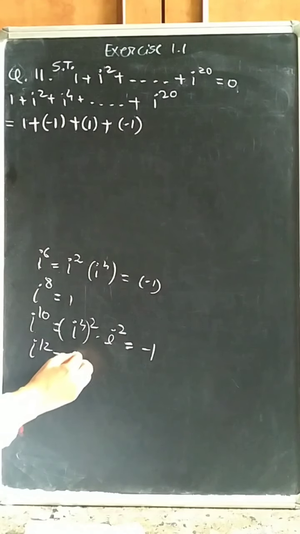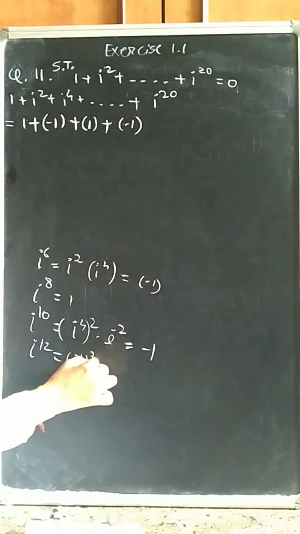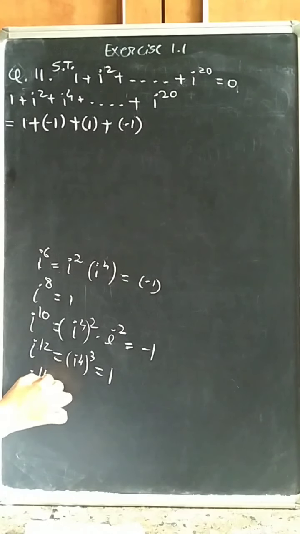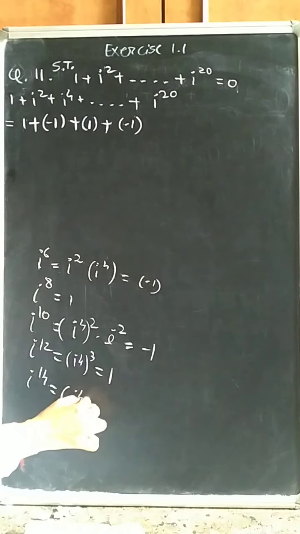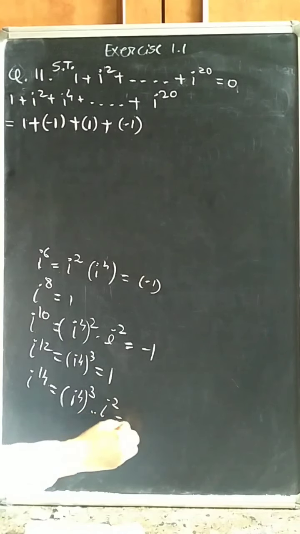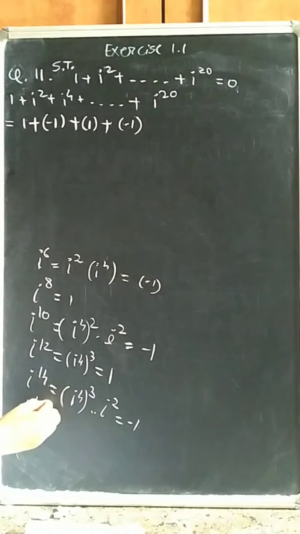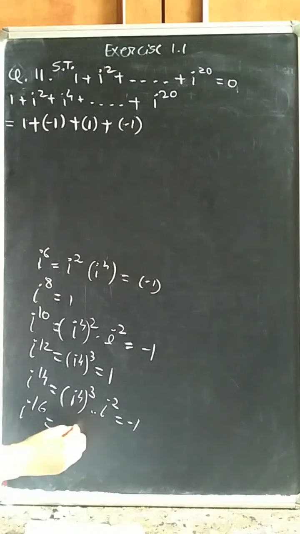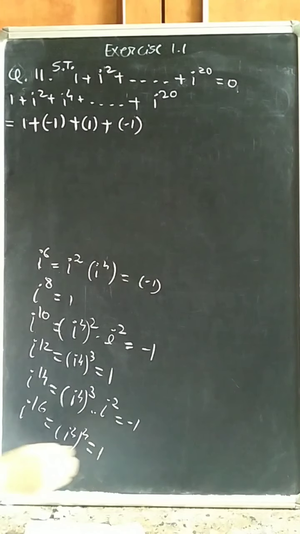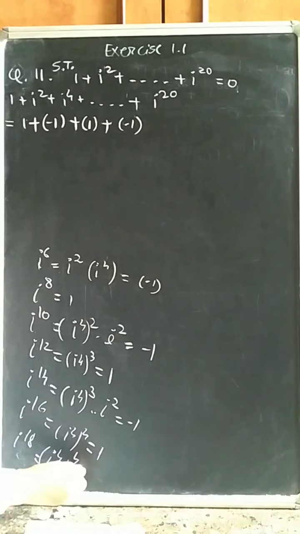i raised to 12, i raised to 4 cube, is 1. i raised to 14 is i raised to 4 raised to 3 into i square, which is equal to minus 1. i raised to 16 is i raised to 4 raised to 4, which is 1. And i raised to 18 is i raised to 4 raised to 4 into i square, which is minus 1.